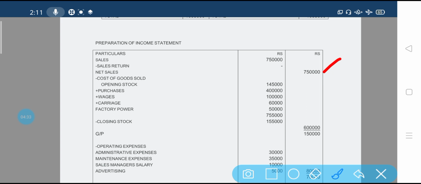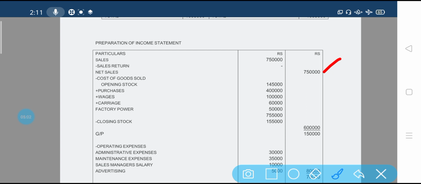How can the cost of goods sold be calculated? If the actual gross profit is known, it can be deducted from the sales. Or in another way, cost of goods sold can be calculated by adding opening stock plus purchases plus all direct expenses and deducting the closing stock.